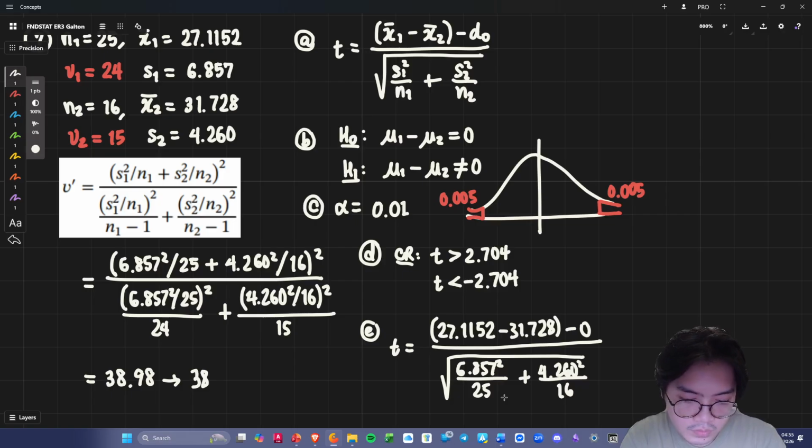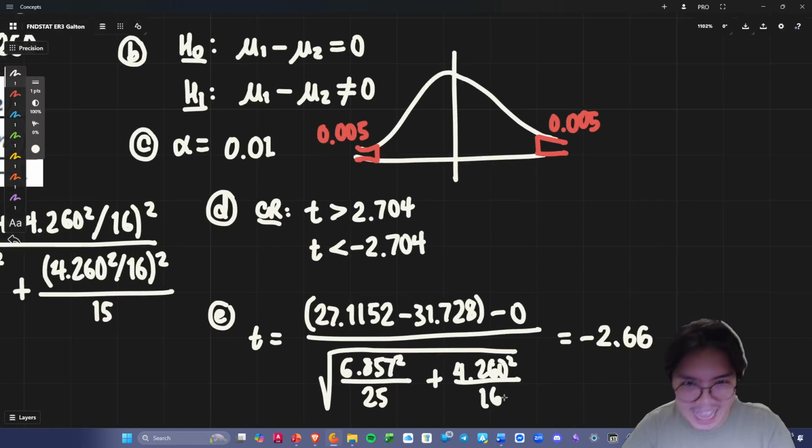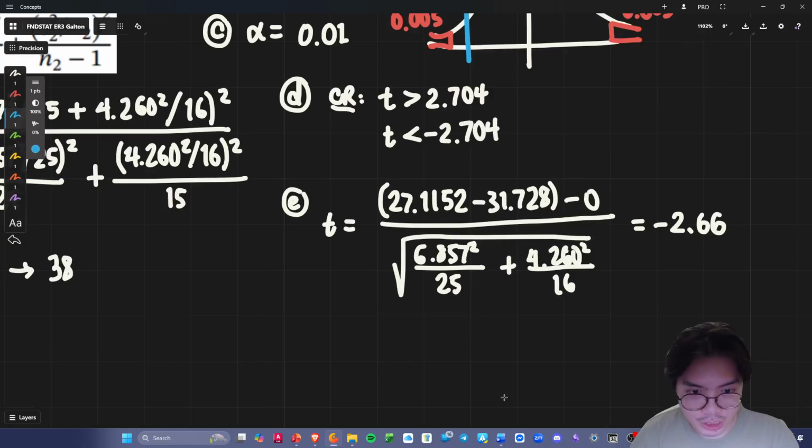We'll have an answer of, oh so close, negative 2.6565, 2.66. Negative 2.66, sad, but it is out of our critical region.